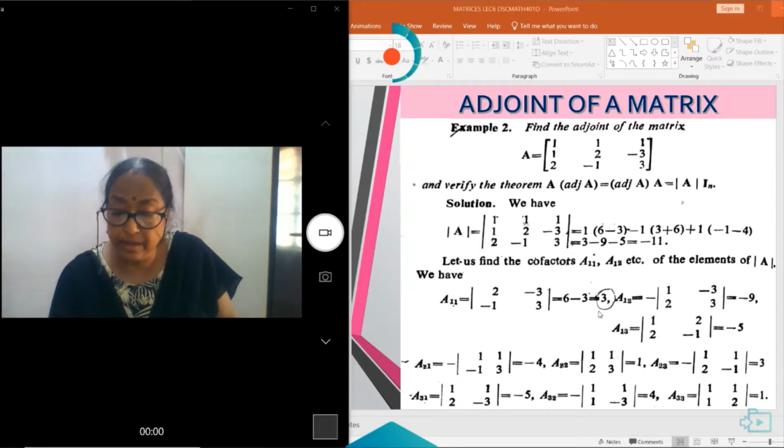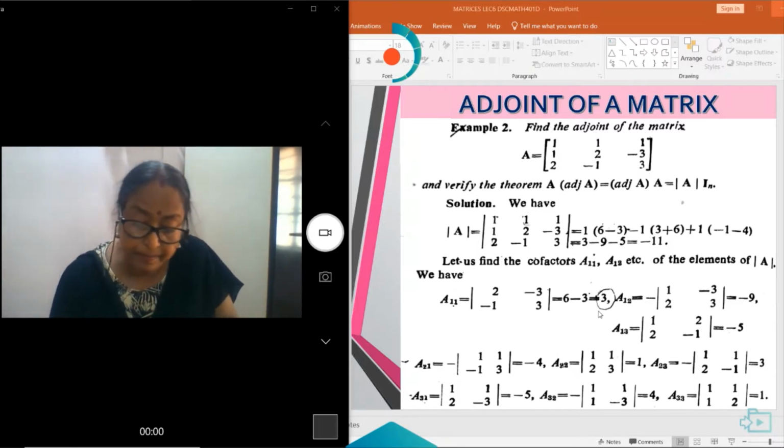Now, you have been given the matrix A. At first, find the determinant of this matrix. You know how to find the determinant. It is very easy. After calculating, we find the determinant of A is equal to -11.